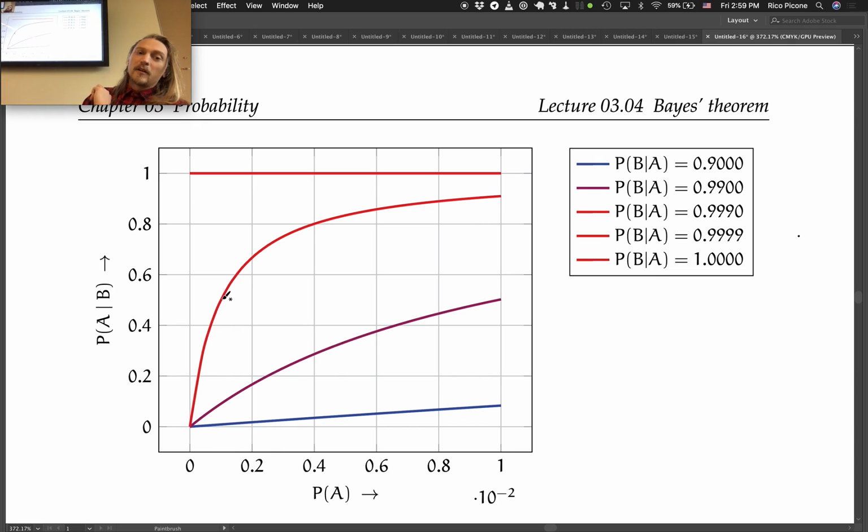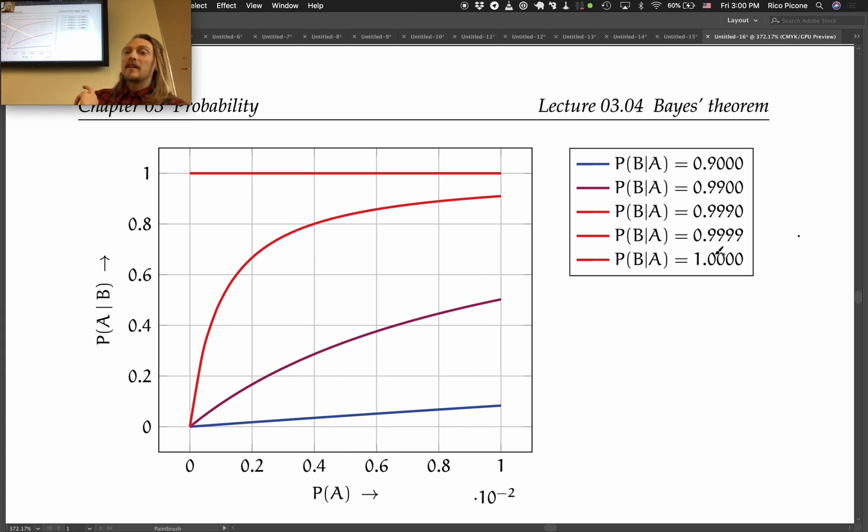Then you're down at around 50%. Okay? And if the probability of that thing happening was like 1 in 10,000, then you're down to a very, very low probability that you actually have the diagnosis or that the event actually occurred.